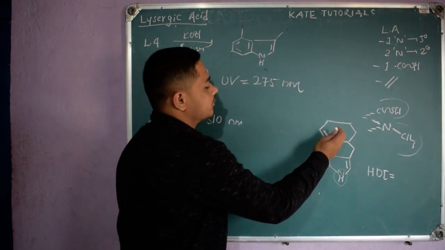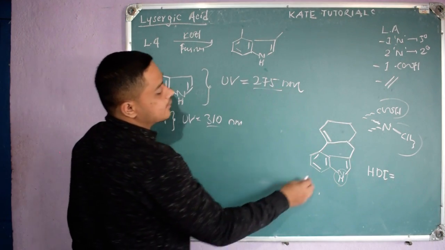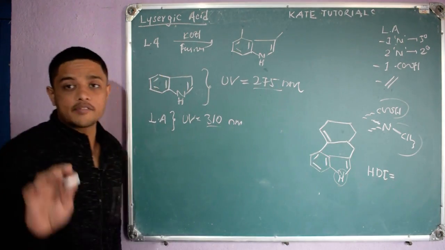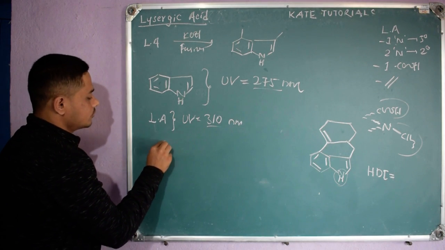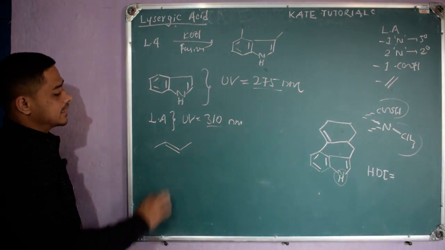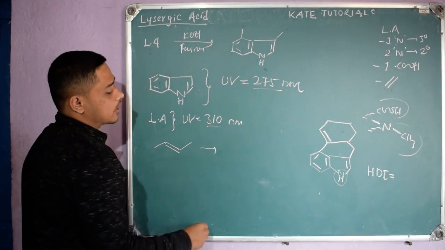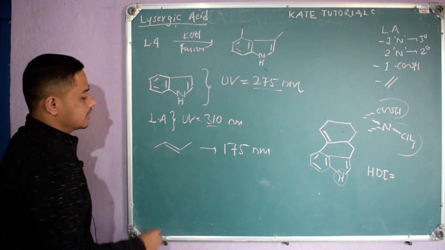Why did they conclude this? Because for indole it is 275 nanometer, and 310 means it is in conjugation, and we know that, see here, if I have this, this is my simple alkene. If you see its wavelength, it will be around 175 nanometer, right?